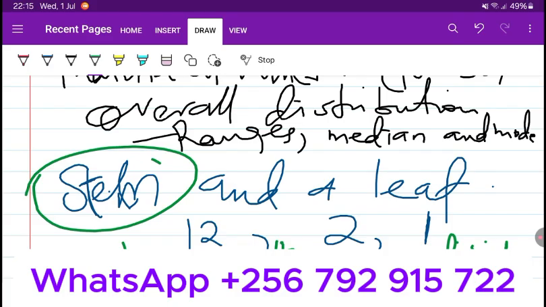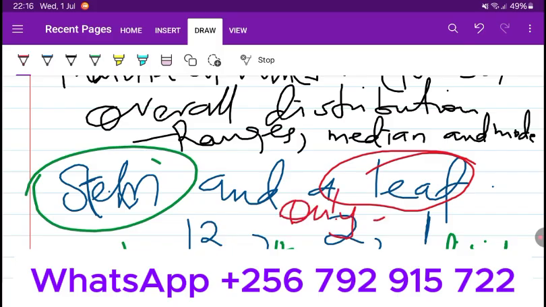So a stem has as many digits as may be required based on the data set that has been given to you. But a leaf, this is how you differentiate the two, has only one value.